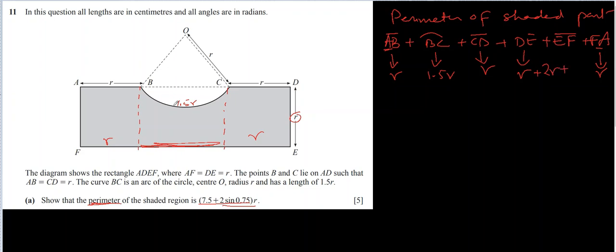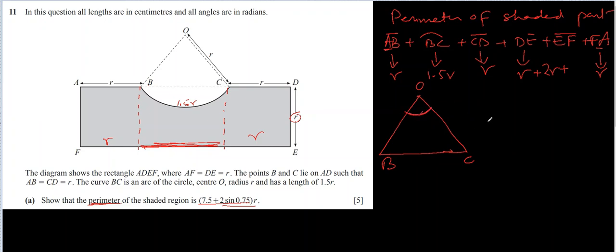Only thing is that we have to find this distance, and if we find the line segment BC, we will find that part also. So line segment BC, let me draw the triangle here. Okay, so this is B, this is C, and this is O. If I somehow find this angle, it will be easier.